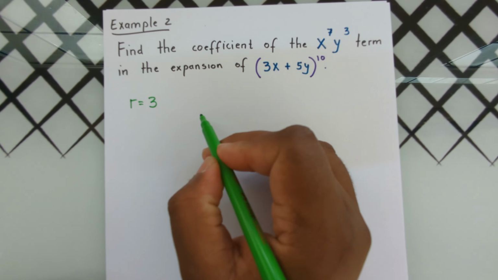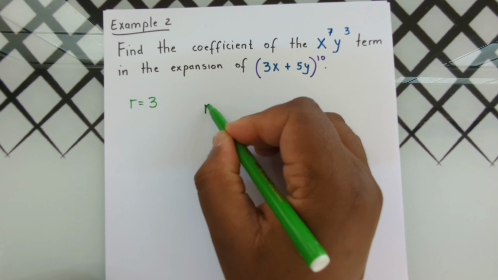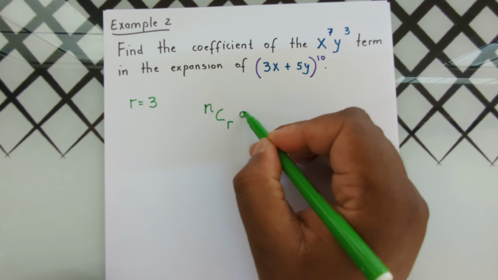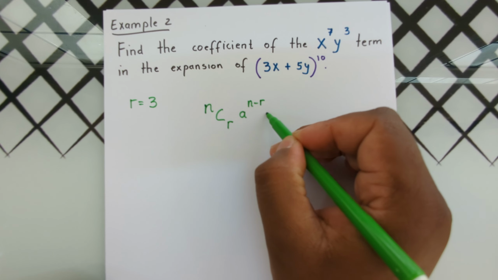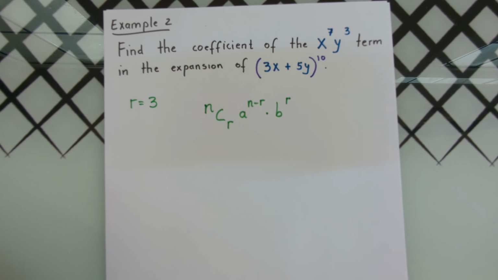So we know that according to the binomial theorem, it's n choose r multiplied by a to the power n minus r multiplied by b to the power of r. So let's also identify our a and b.